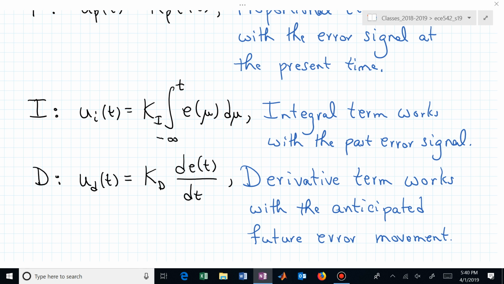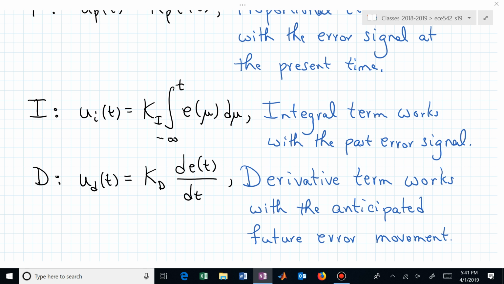Contrast that with the derivative term. The derivative term is sort of anticipating where you're thinking the error is going to go. You're differentiating the error. So what's the slope of the error at the present instant of time? And you're scaling that to create an influence on the input signal that you're applying to your plant.